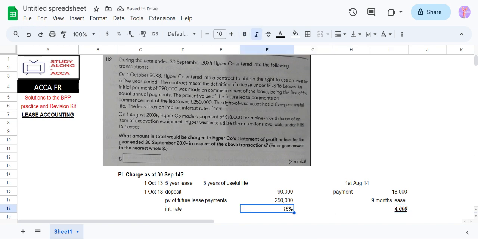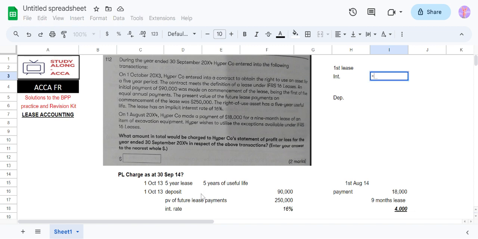And for the first lease, we will calculate it here. Two things we charge into the P&L, interest and depreciation. So how much will be the interest? We will take the present value and multiply it by the interest rate. So 40,000 is the interest for the whole year.